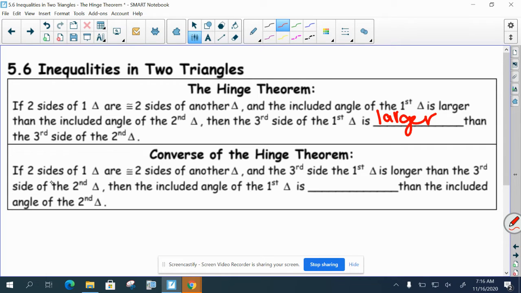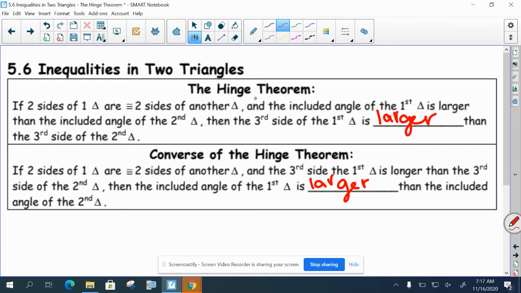And then the opposite is still true. If two sides of one triangle are congruent to two sides of another, and the third side of the first triangle is longer than the third side of the other, then the included angle of the first is going to be larger than the included angle of the second.